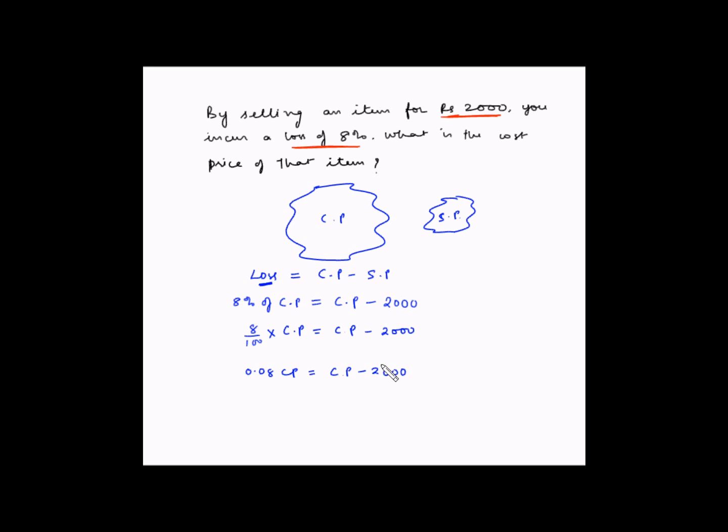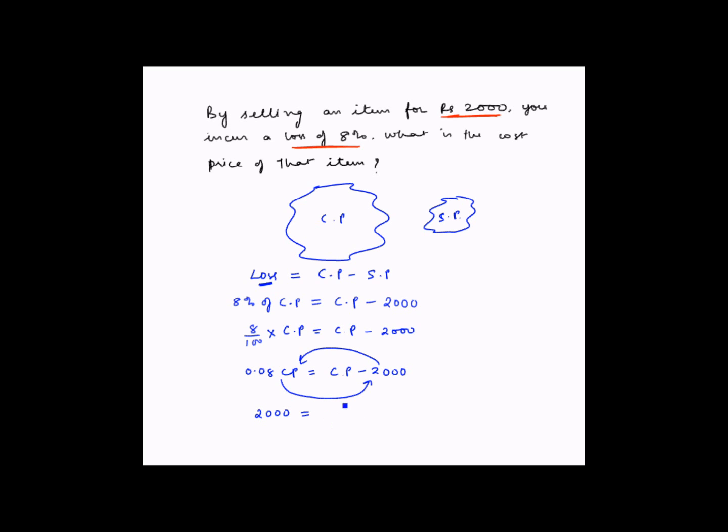So let's bring this 2000 here on the other side and this expression on the other side of the equal to. So when we bring any of the terms on the other side, we have to change the sign. So if negative sign, then it becomes positive. If it is positive, it becomes negative.